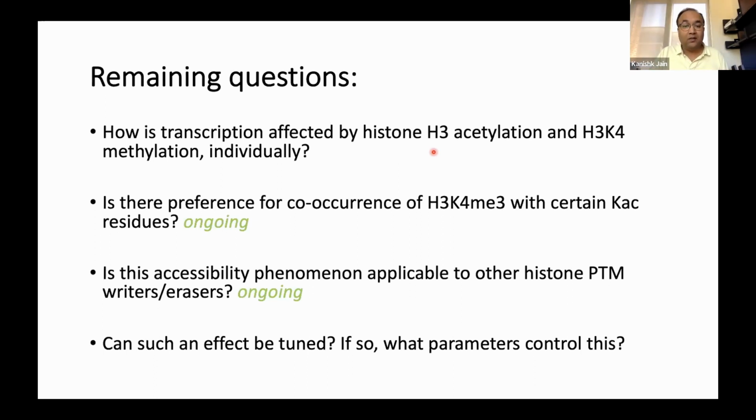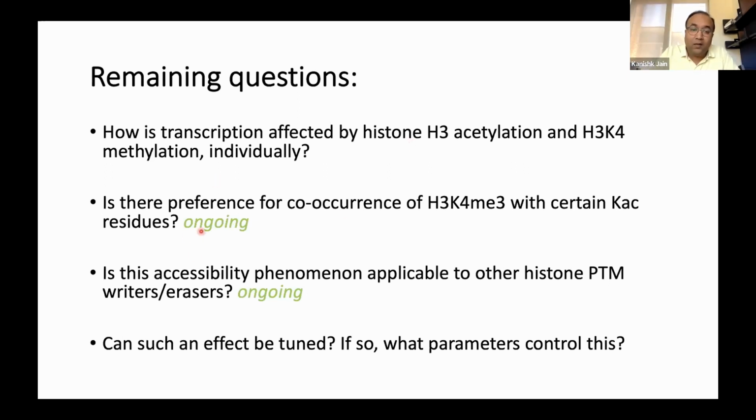We also want to see whether the co-occurrence of H3K4 methylation has a preference for certain residues, right? In vitro, we just looked at K9, 14, 18 acetylation at the same time. But what about individually at K9, 14, or 18, or even 23, 27, and 36?